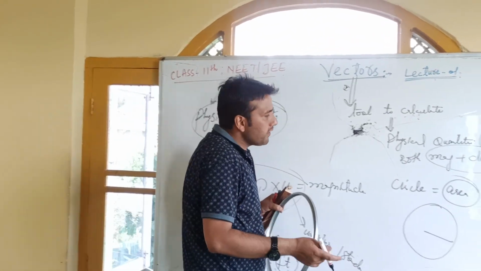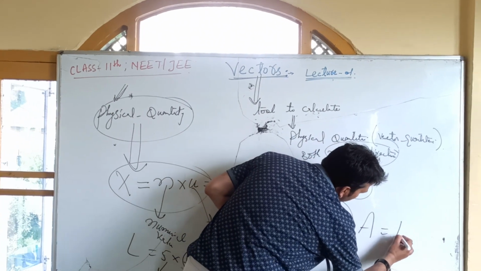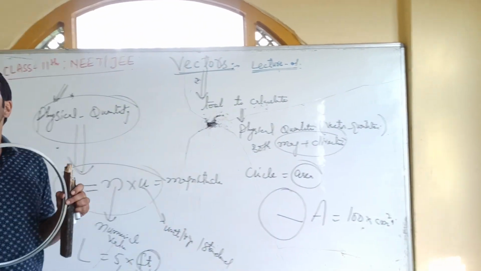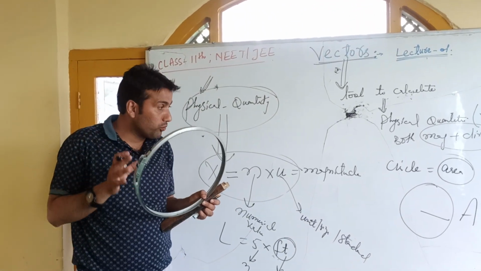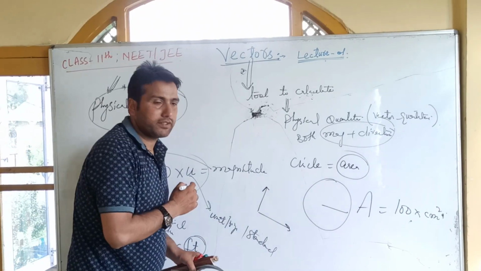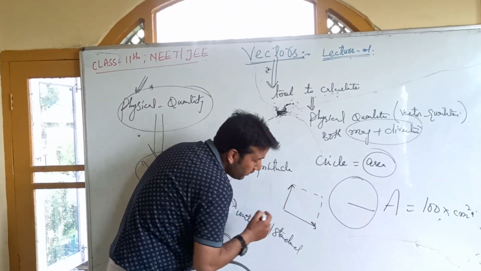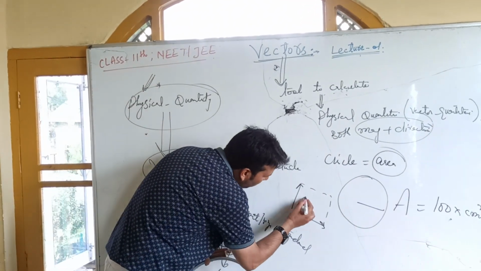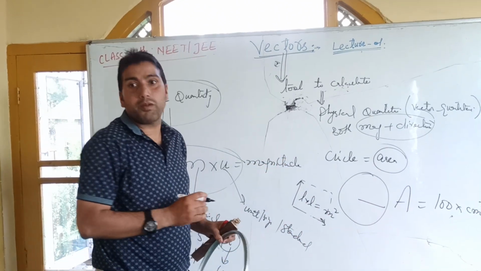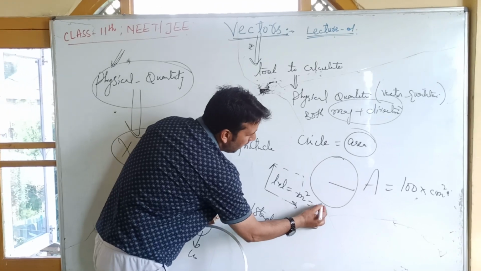Let us suppose I have got the area as 100 centimeter square, because area, as you know, is the size of one length multiplied by another length. When two lengths are multiplied in nature, we get length multiplied by length, that is square of the meter, and that is called area.